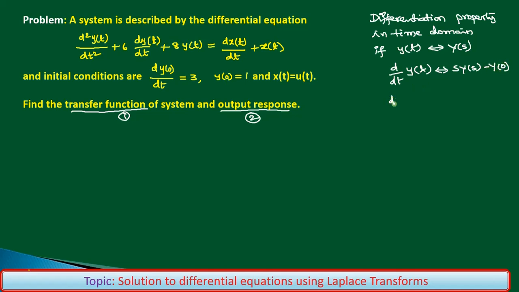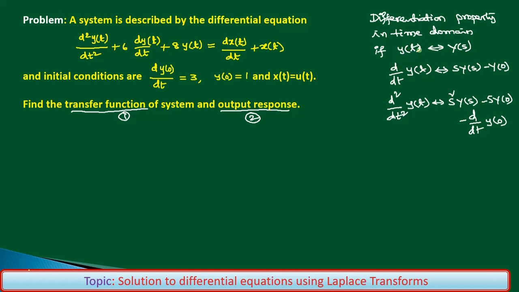For the double derivative, d square by dt square of y of t, the Laplace transform becomes s square y of s minus s y of 0 minus d by dt of y of 0. So we use these relations to convert the given differential equation into simple algebraic notation.